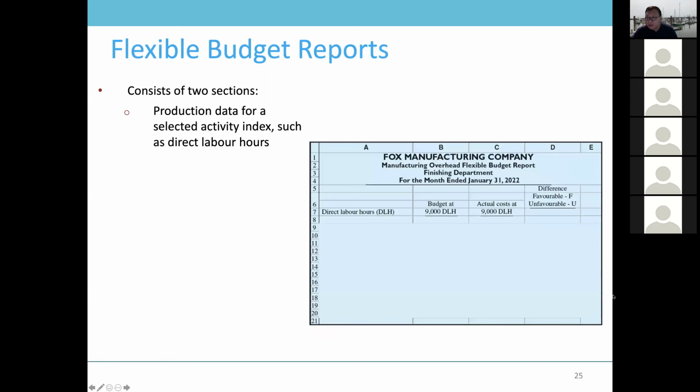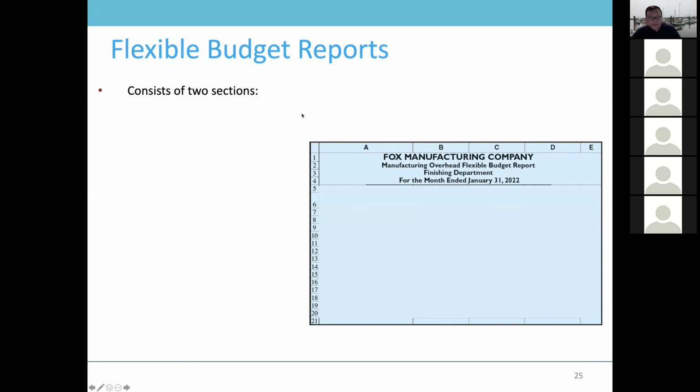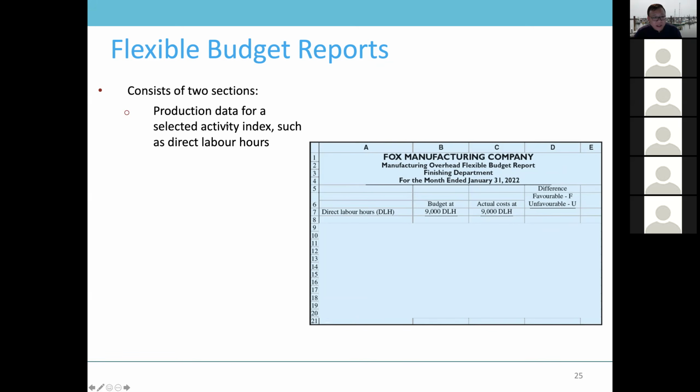Okay, so here we have the flexible budget report. For this flexible budget report, it has two sections. The first one is the production data, the selected activity index, direct labor hours. You can see in this section it talks about the actual, which is 9,000 direct labor hours.